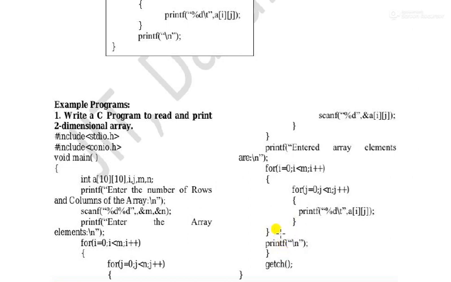Okay, here a mistake is there. Don't remove this for braces. So here only after the inner for loop, use printf \n, getch.